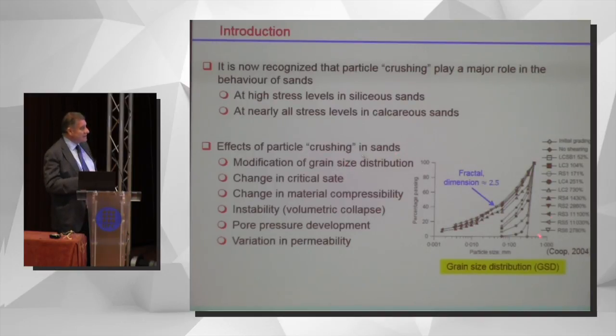These are some experiments carried out at City University by Matthew Coop, in which you can see that as you increase the strains, this initially uniform distribution tends towards this final one, which interestingly usually is a fractal with dimension around 2.5, 2.6. It seems to be pretty universal. Obviously, these changes also change critical state, material compressibility, give rise to instability phenomena, change permeability, etc.